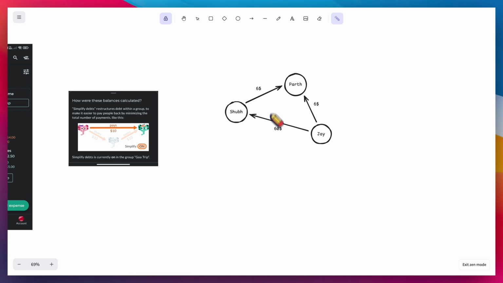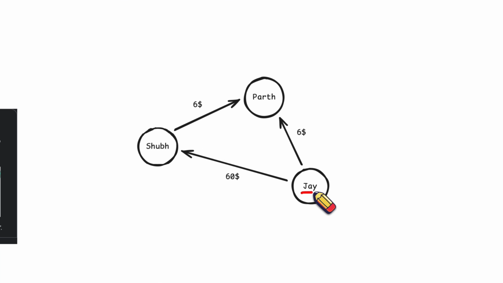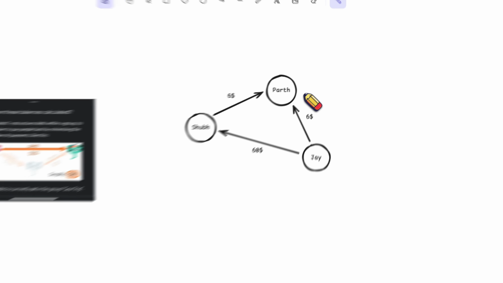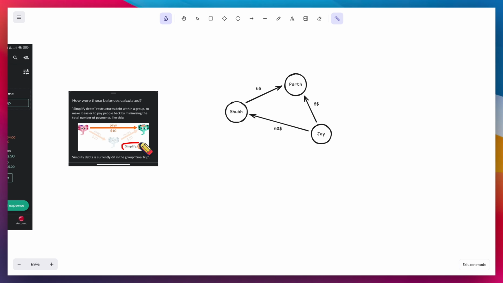So let's try to understand this with the help of a graph. Currently in that group, Jai is going to pay $60 to me because of the flight, and Jai and me both will be paying $6 to Parth because of the cycling. So this will happen if this simplified debt feature is turned off.